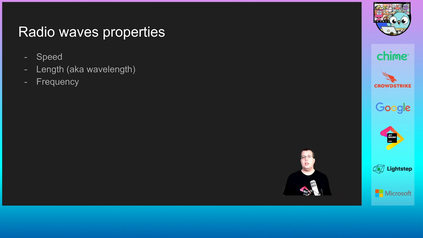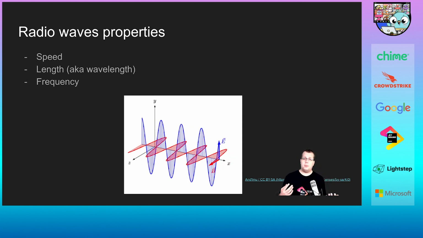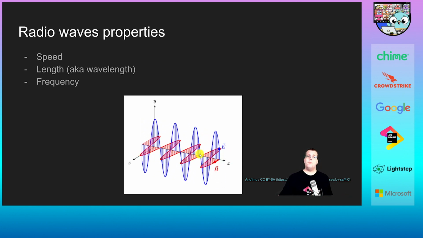Also, we have frequency, and that expresses the measurement of time between one peak and the next one as it arrives to a certain receiver. So this is measured in hertz, and if you want to have a visualization for this, I think this will do a bit of a better job to help understanding.